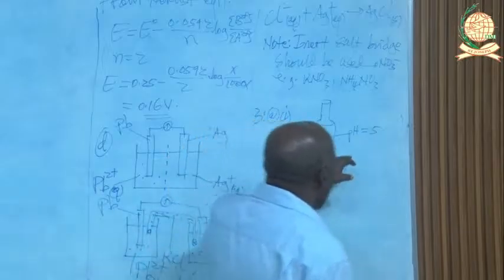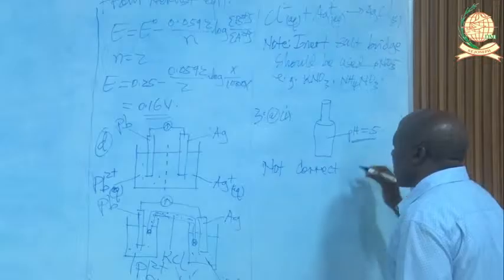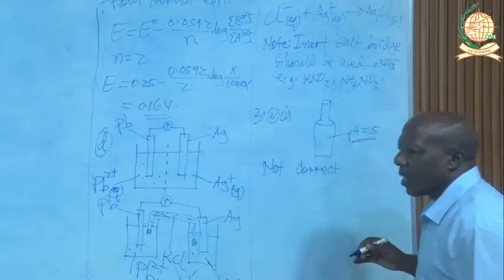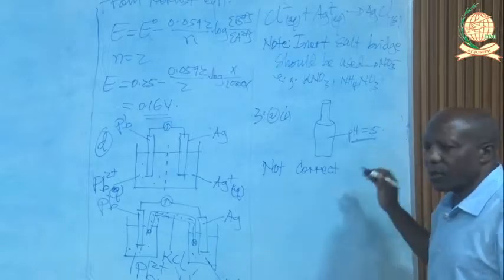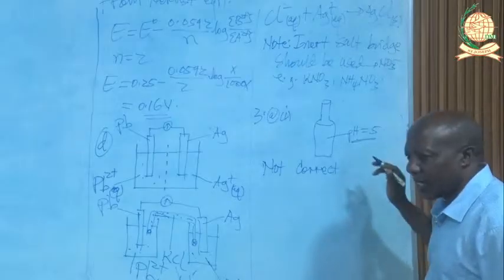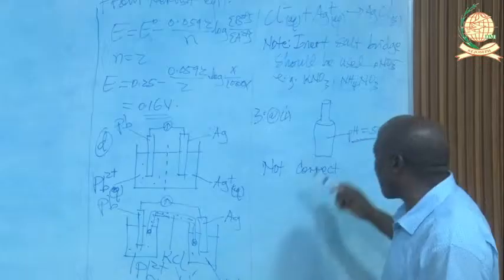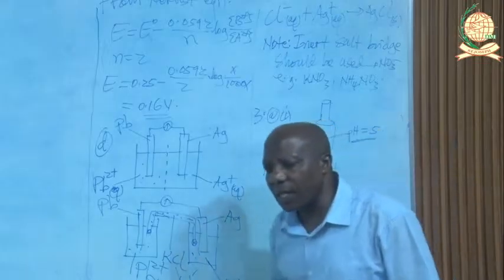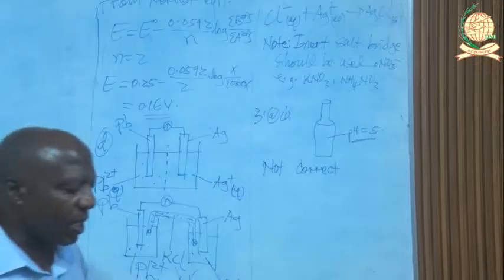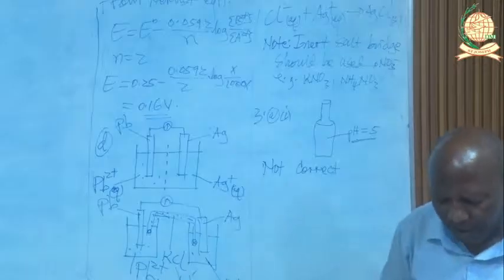So this student was not correct because pH does not indicate if the acid is weak or strong. Instead, this indicates the concentration of acid. The pH is determined by concentration, because the acid can be strong or weak, still it can be concentrated or diluted.